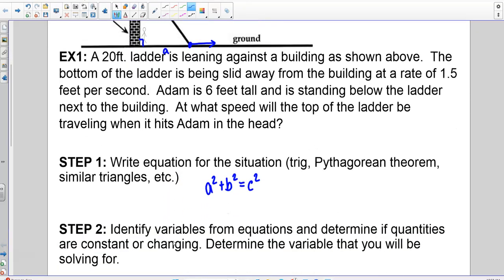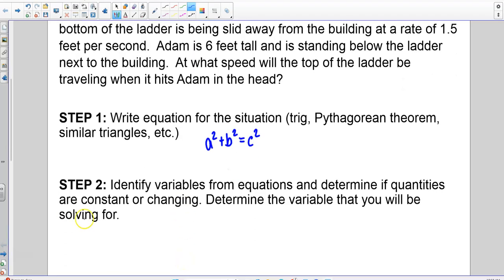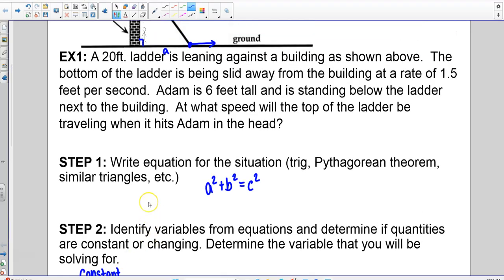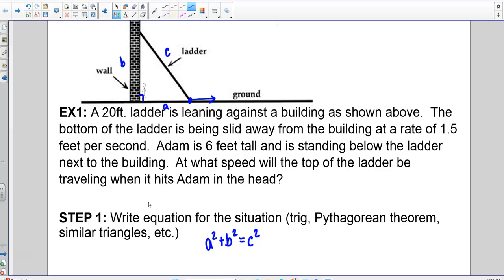So, we want to identify variables that are constant, variables that are changing, and then what we need to find. In this case, do we have any variables that are constant? The wall is going to be constant, but it's not part of our triangle.